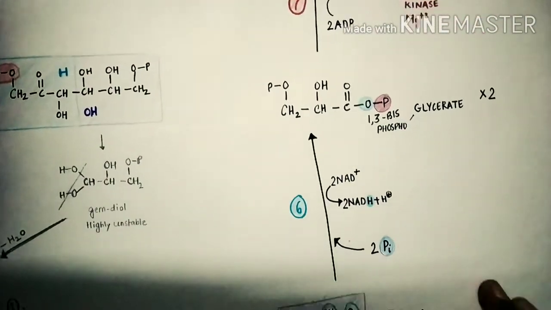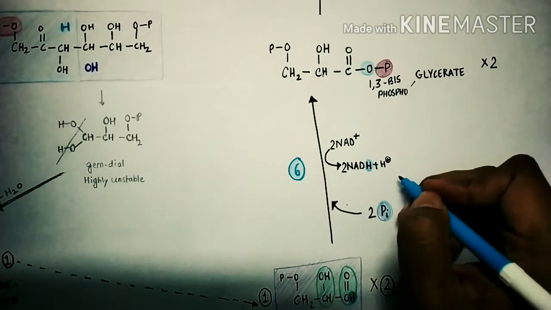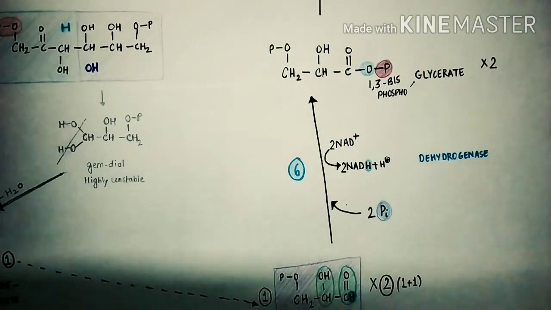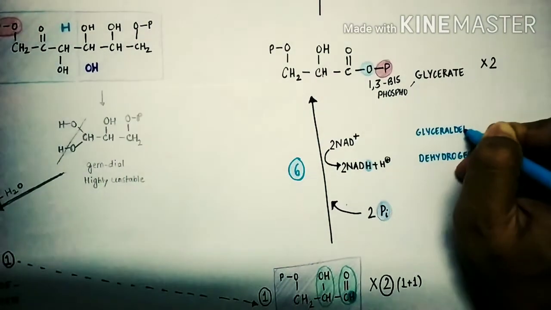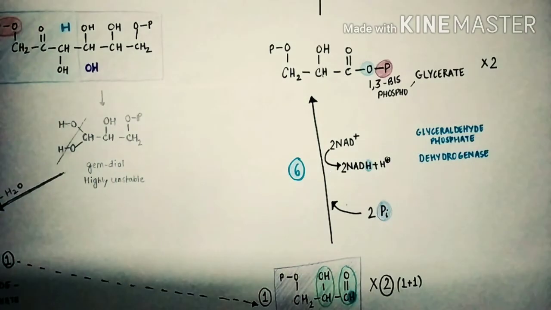Step 6 is oxidation via removal of hydrogen. So the enzyme takes the suffix accordingly as dehydrogenase. So the complete enzyme name is glyceraldehyde phosphate dehydrogenase. Also, this is extra: whenever you see coenzymes like NAD+, the enzyme is generally a dehydrogenase.